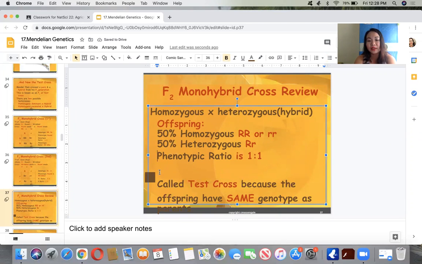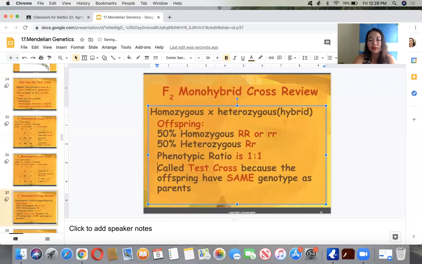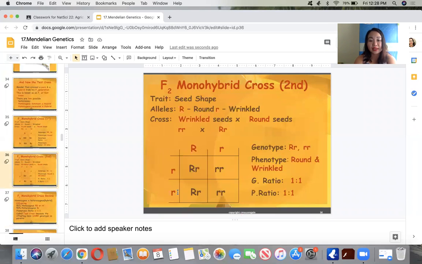The phenotypic ratio is 1:1, and it's called a test cross because the offspring have the same genotype as the parents.